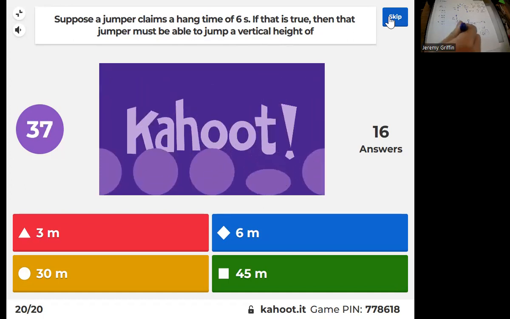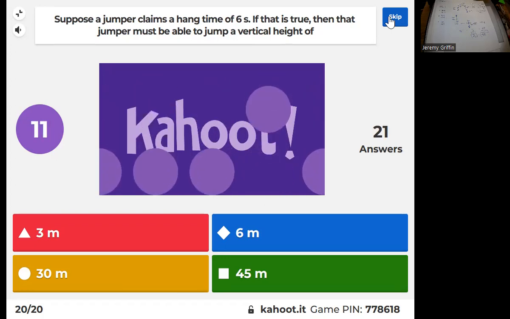Hey, is the answer on this paper I've just been drawing over and over? 3 seconds up, 3 seconds down. Huh. In fact, if you just look at the second half of that, if you drop a ball from the edge of a cliff, how far does it fall in 3 seconds? Because that also answers the question, right? You guys get that? Right, so multiple perspectives, they should all lead to the same answer, right?